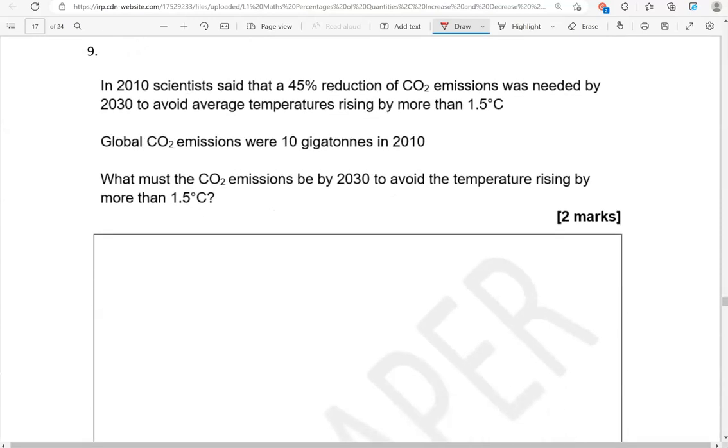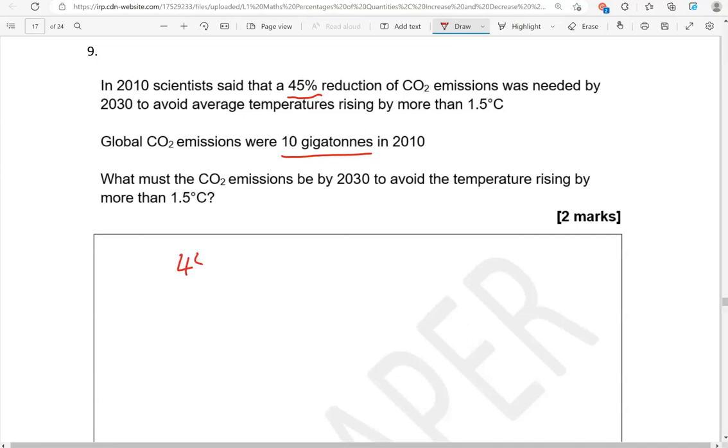In 2010, scientists said that 45% reduction of CO2 emissions was needed by 2030 to avoid average temperatures rising by more than 1.5 degrees Celsius. Global CO2 emissions were 10 gigatons in 2010. What must the CO2 emissions be by 2030 to avoid the temperature rising by more than 1.5 degrees Celsius? So the 10 gigatons will need to be reduced by 45%.